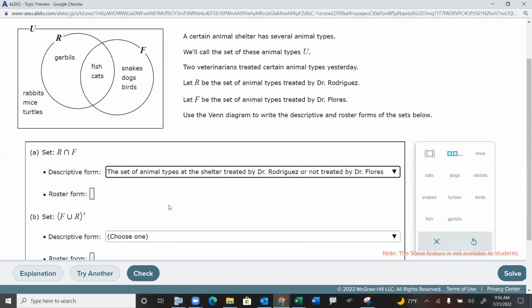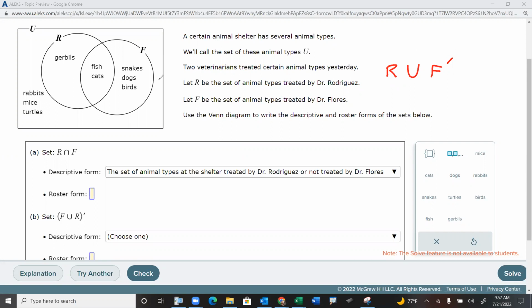Let's see, how about this one? Set of animals at the shelter treated by Rodriguez or not treated by Dr. Flores. That's getting a little more complicated. So let's write it like this. The animals that are treated by Rodriguez, or is union, or not Dr. Flores. So I'll put the not symbol there.